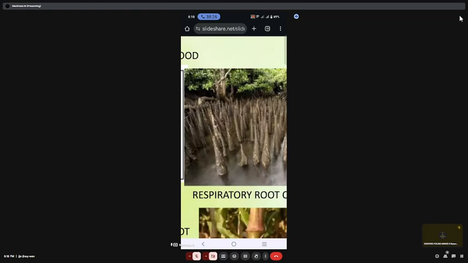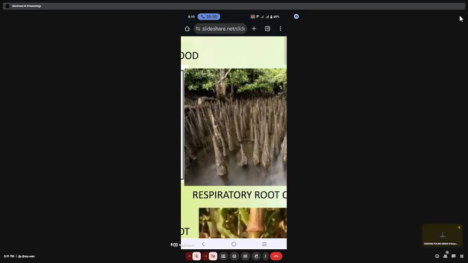Actually, this type of root, if you noticed, is mostly present in the marshy area, the waterlogged area.